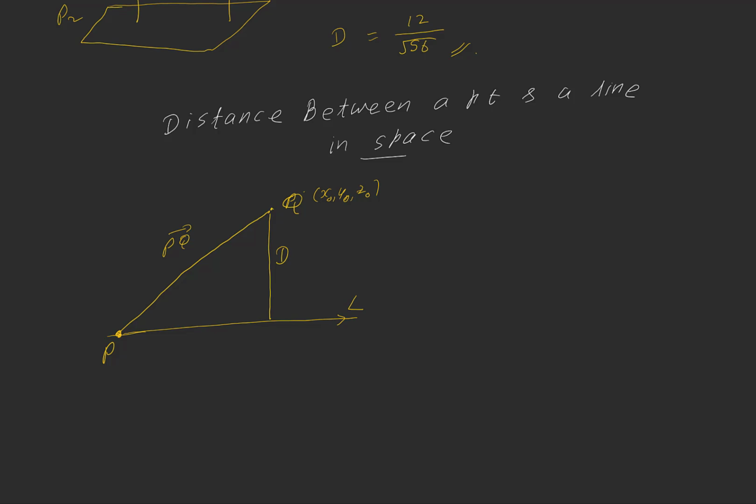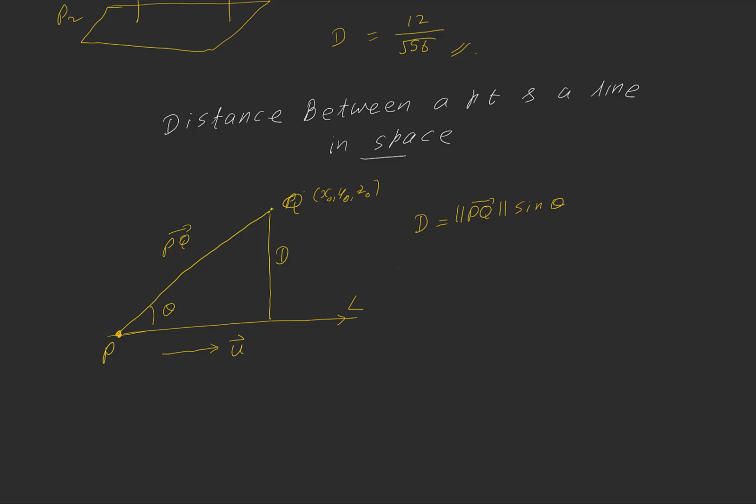If I use this as theta, and let me use the direction vector. When we have a line, we can find a direction vector, that is u. So then actually d is the magnitude of vector PQ times sine theta, right?